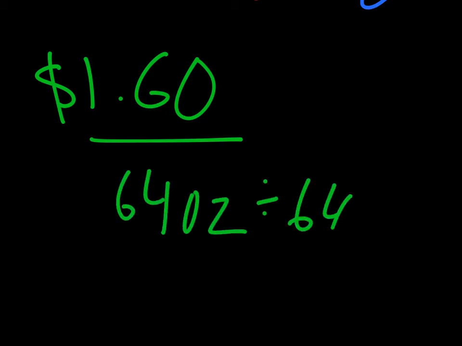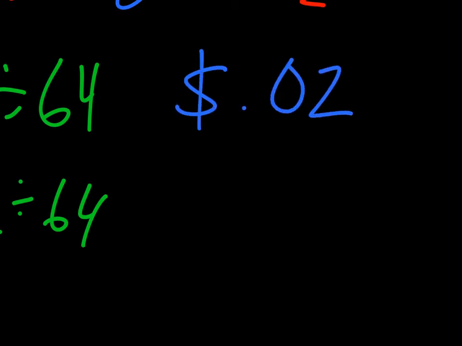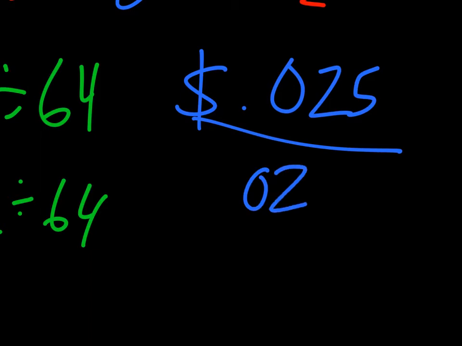Divide by 64 on the top and the bottom, and you will get 0.025, which is different from 0.25 because 0.025 is about 2 pennies, and 0.25 is a quarter. So this is 0.025 per ounce. That is how you would do a unit rate.